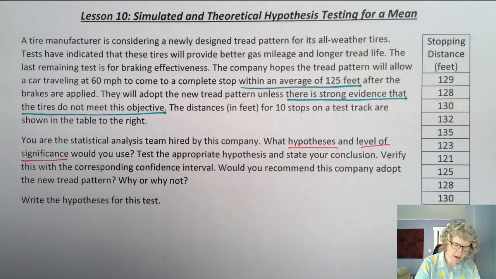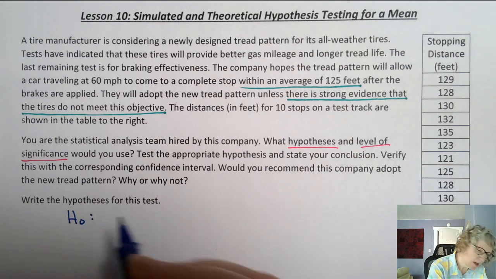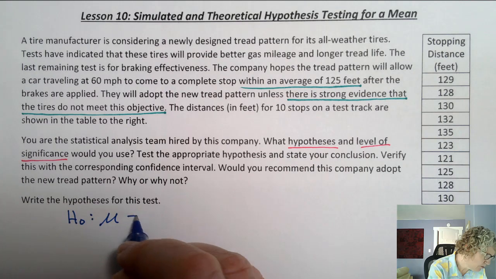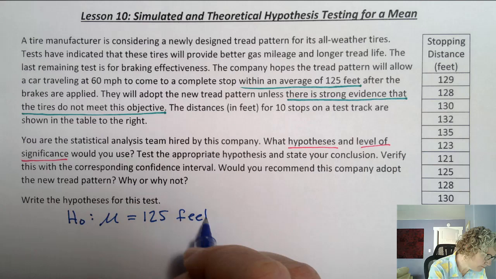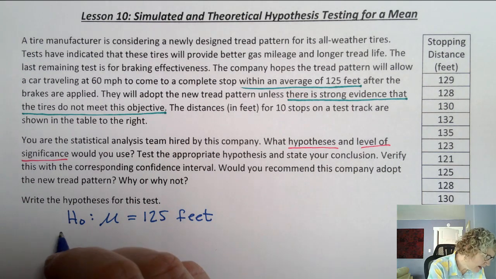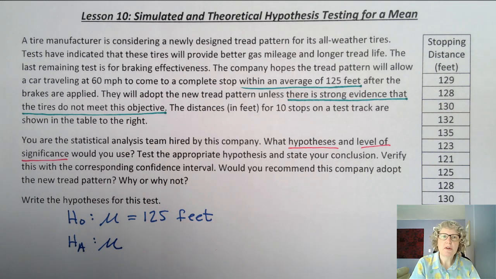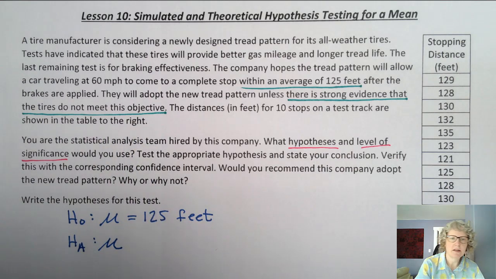So first we're going to write the hypotheses. Our null is going to be that the mean, or mu, is equal to 125 feet. That's kind of the cutoff value. We're going to assume that it is an average of 125 feet. Now the claim, the alternate, which way are we going to go on this one? They're looking for strong evidence that the tires do not meet this objective.